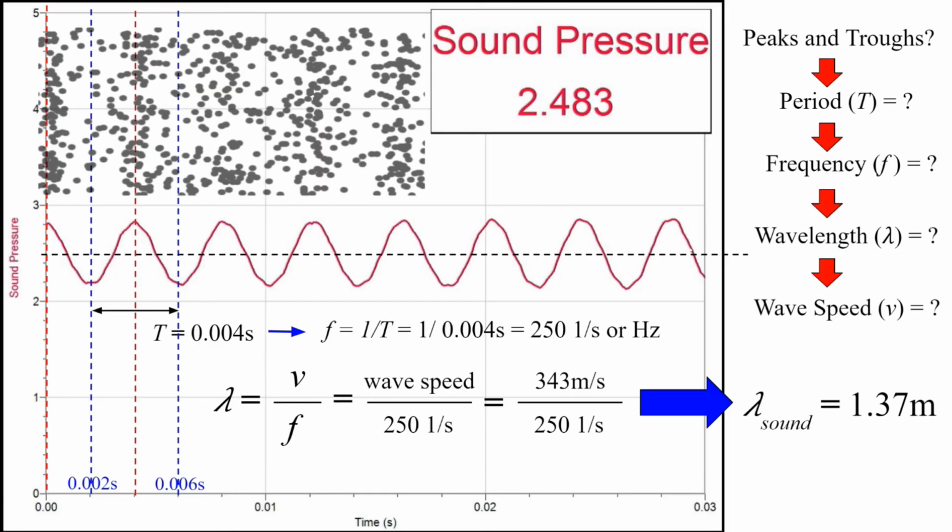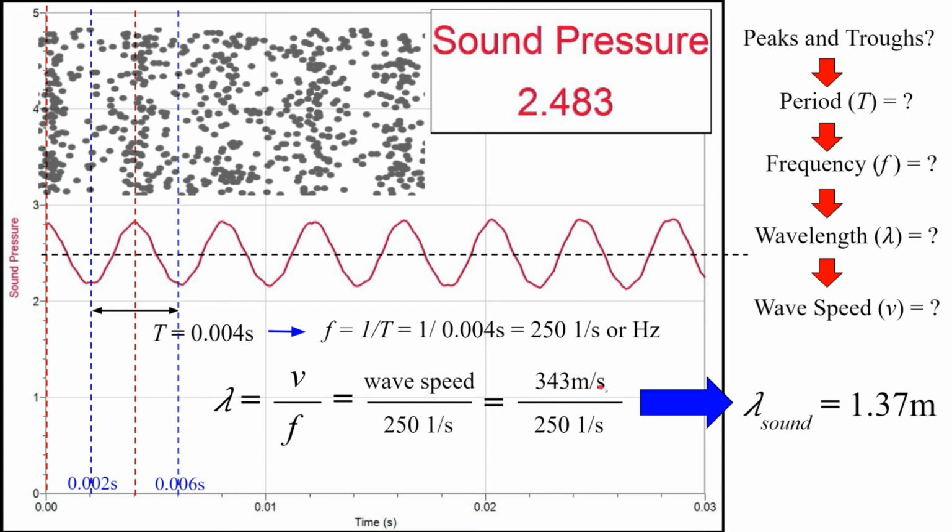So now that we know the speed of the pulses that move through the air, whether that's the speed of the sound created by the dog clicker or a periodically vibrating tuning fork, the speed of the sound, or the wave speed, is about 343 meters per second. We'll just use our accepted value. And so the wavelength of any periodic wave is the speed of the wave divided by its frequency.